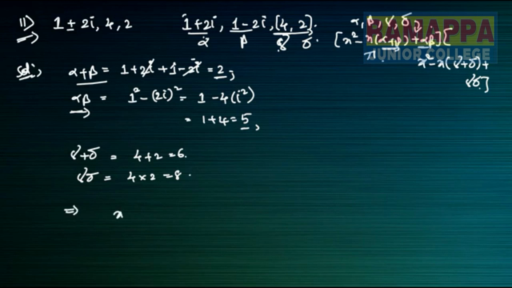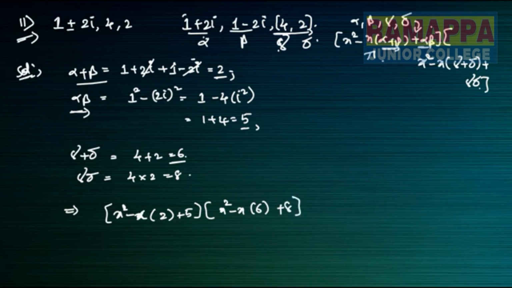So x square minus x into (alpha plus beta), which is 2, plus alpha beta, which is 5. Into, next, x square minus x into (gamma plus delta), which is 6, plus gamma into delta, which is 8, is equal to 0.